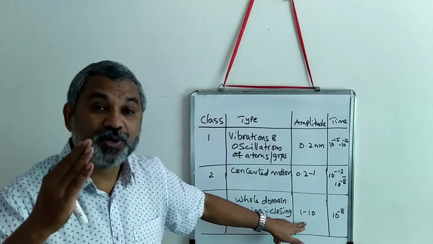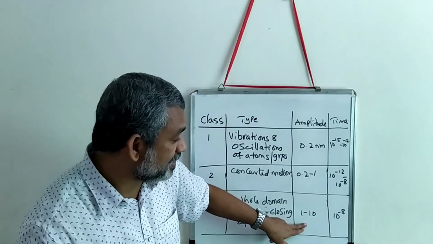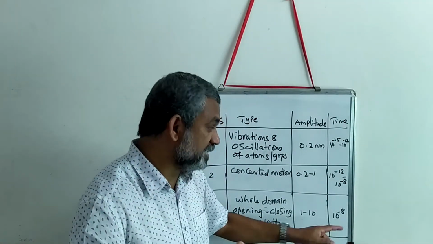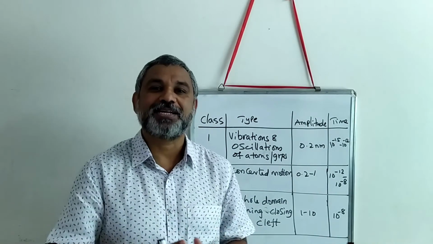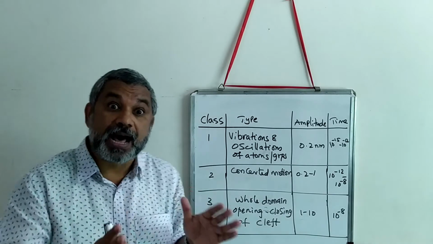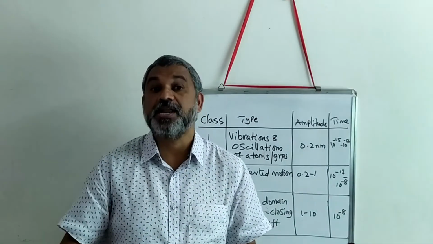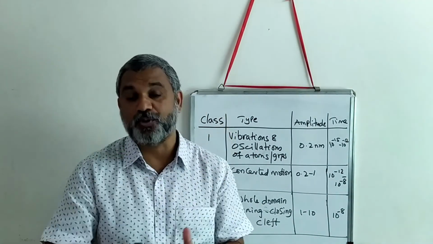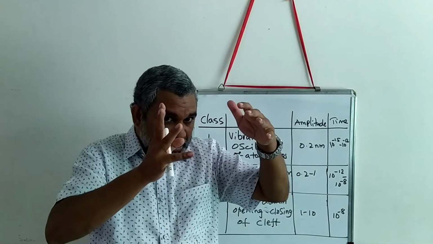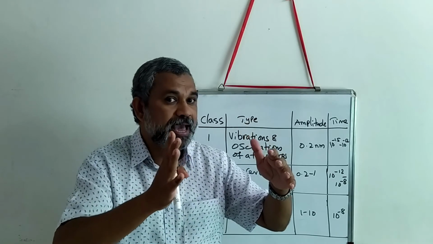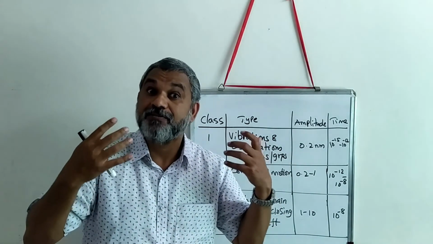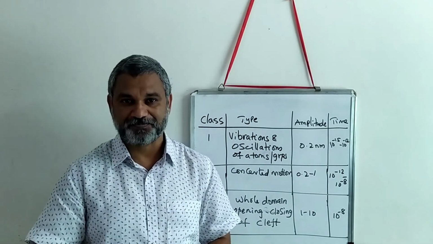The amplitude is about 1 to 10 nanometer, and the time it takes to carry this out is roughly about 10^-8 seconds. These are the different classes of motion seen in a protein. It gives you an idea about how a protein folds for a particular function to be carried out, and which types of motion take place within the structure of a protein.